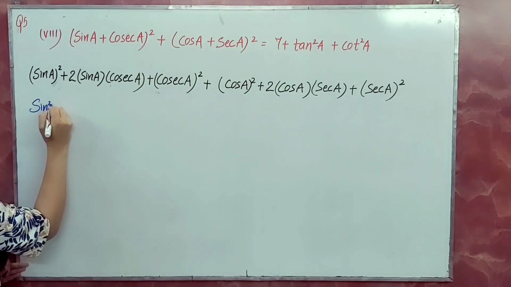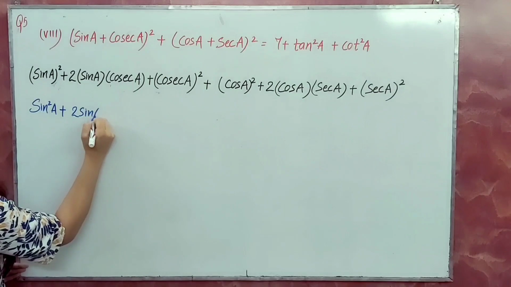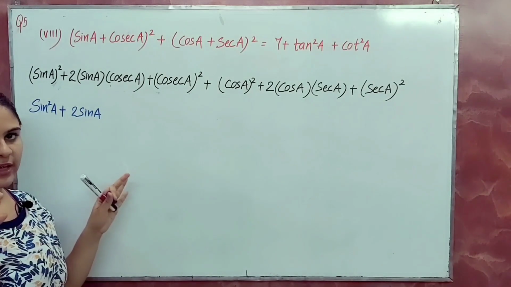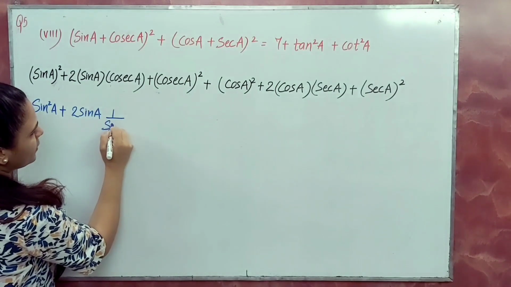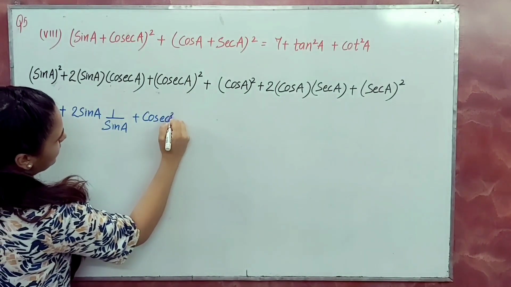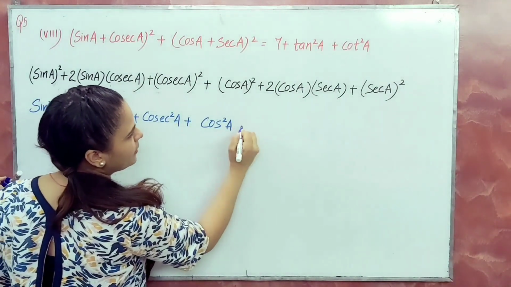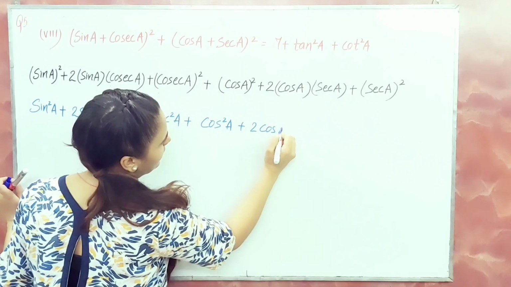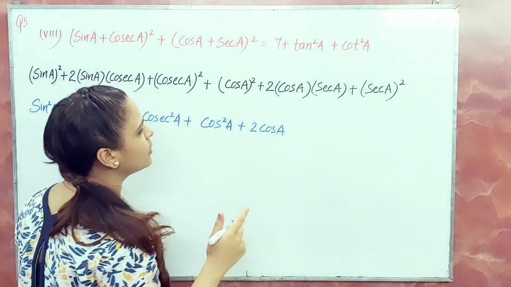You can write here sin square A plus 2 sin A. At the place of cosec A, we can write 1 upon sin A because they are reciprocal. 1 upon sin A plus cosec square A plus cos square A plus 2 cos A, and we know cos A and sec A are also reciprocal to each other.